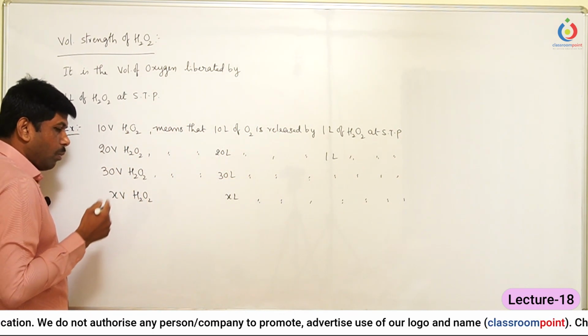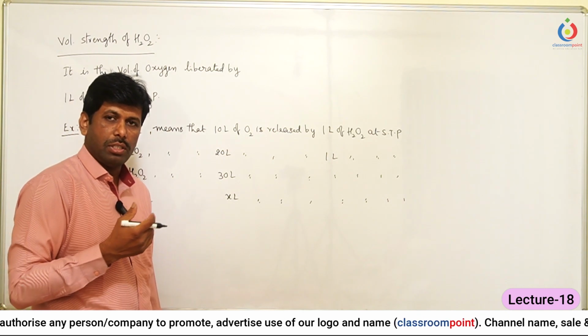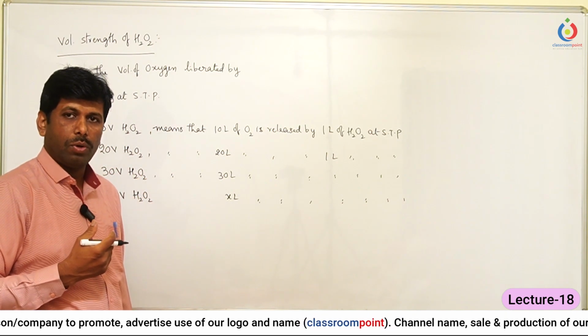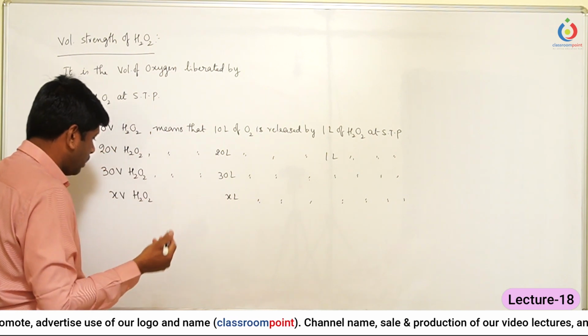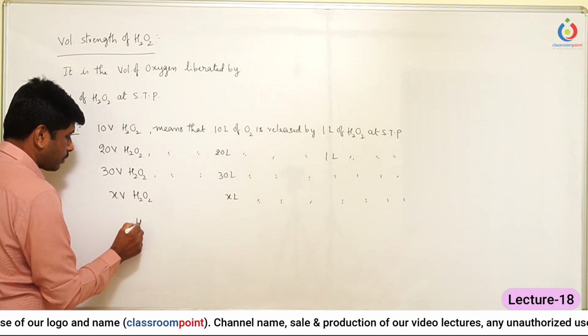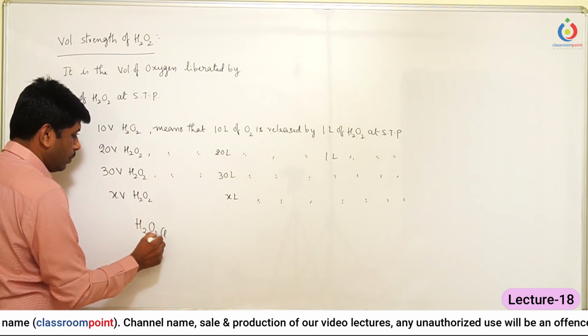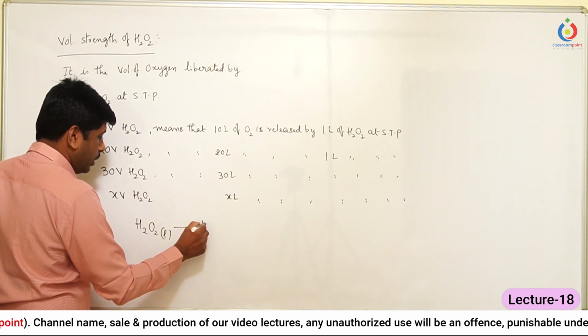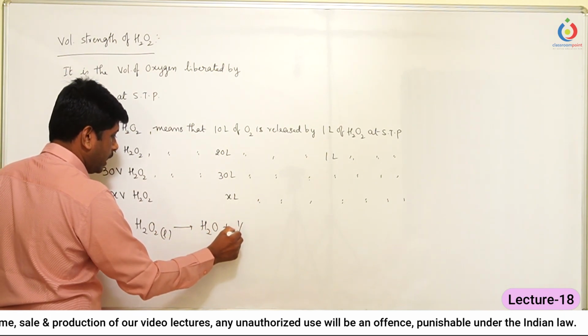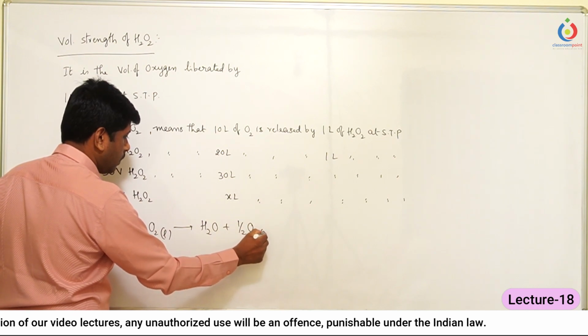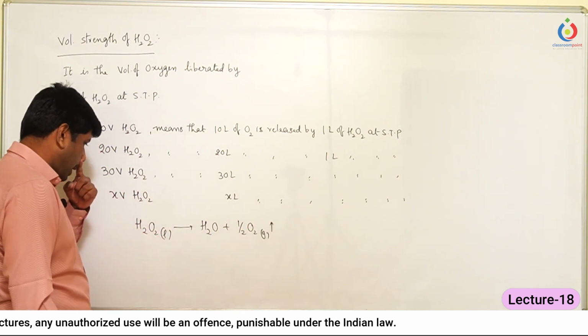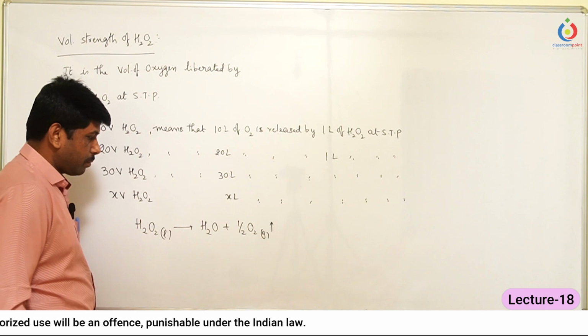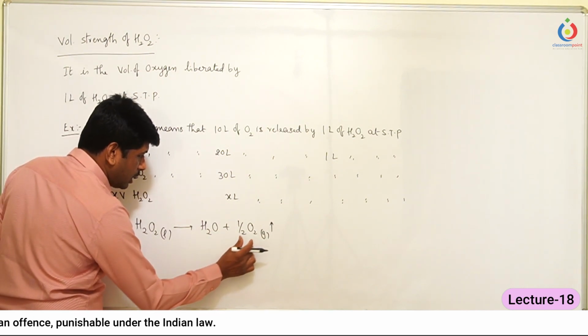So let us see why H2O2 is releasing the oxygen. If we see the reaction, we will come to know how the decomposition reaction takes place. H2O2 decomposes to H2O plus half mole of oxygen gas. How many moles of oxygen is released?